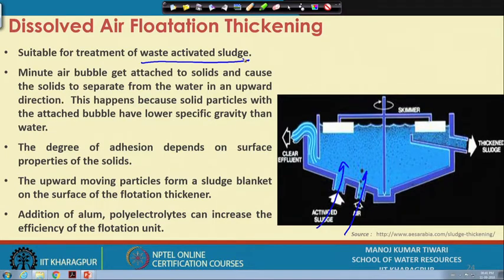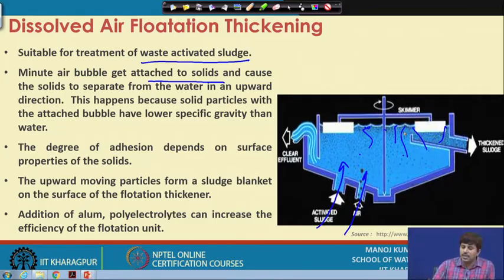So, they are lighter, and when you supply air, these air bubbles attach to the sludge particles, and these minute air bubbles, when attached to the solids, let the solids float on the top. Through a skimmer those solids can be removed and the thickened sludge can be taken out, and the clear effluent can be taken out from the other side.